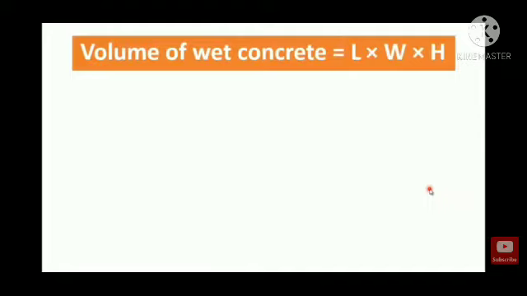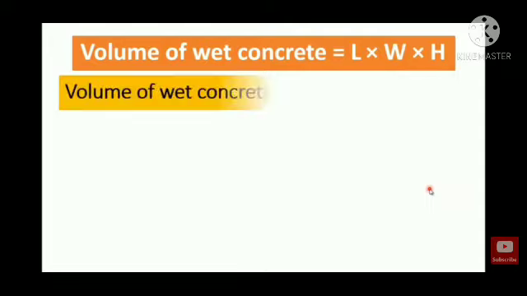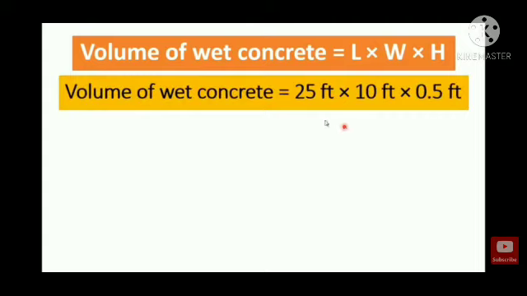Volume of wet concrete equals length into width into height. Volume of wet concrete equals length 25 feet, width 10 feet, height 0.5 feet.